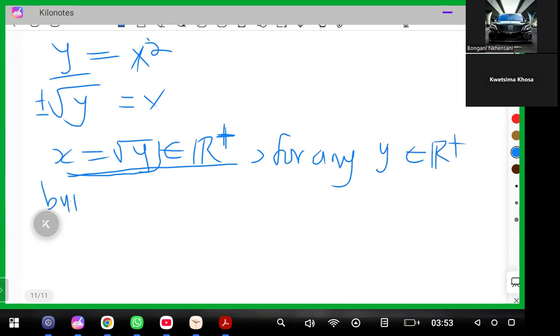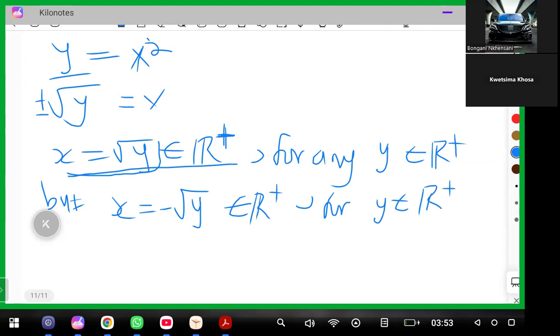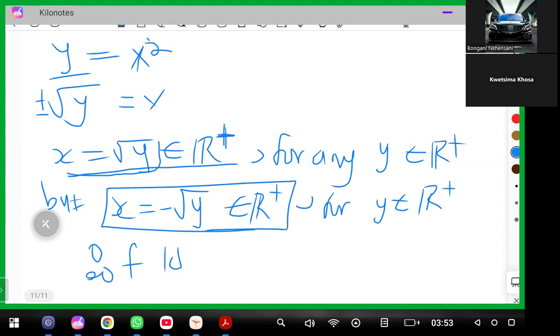But when x now is equal to the negative root of y, this won't be an element of all positive real numbers for y being element of real numbers. Therefore, this condition makes it that f is not surjective.